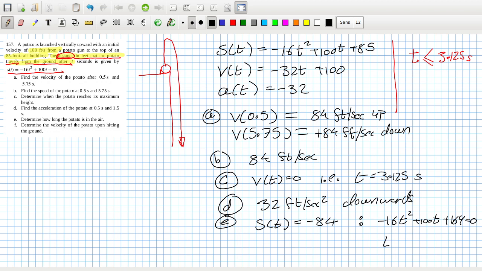So that's t equals 7.63. How many significant figures? We'll just do 2 decimal places. 7.33 seconds.